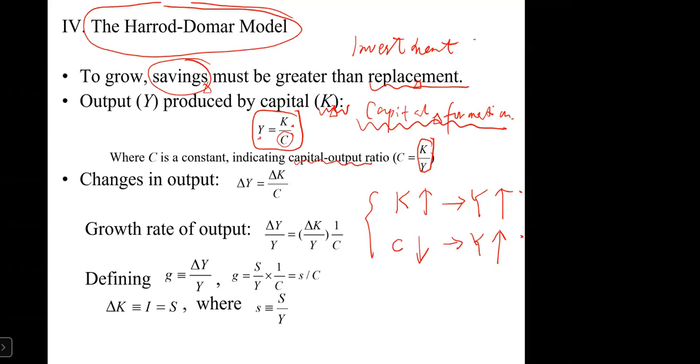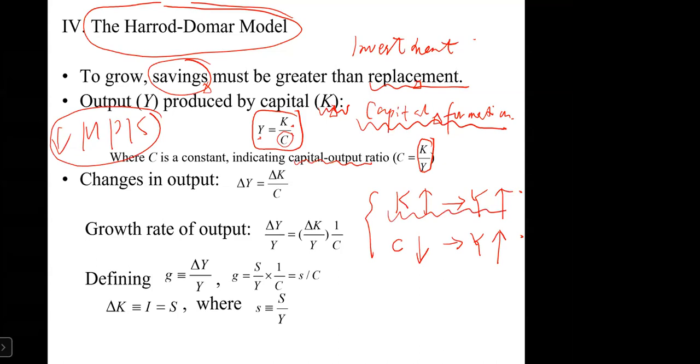Just imagine the size of the factory: the more machinery we have, the more we can produce. Also I want to emphasize, back then there wasn't such a notion as the MPK, the decrease in MPK wasn't here yet. So we waited maybe 1 or 2 decades to realize that. Okay, this is regarding capital and output.